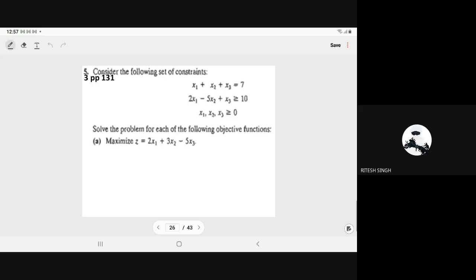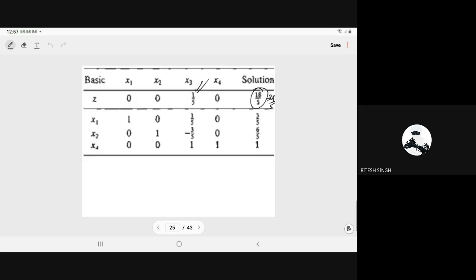Clear? If you still have a doubt, you can ask. Here this is not optimal, so this will enter in the system.